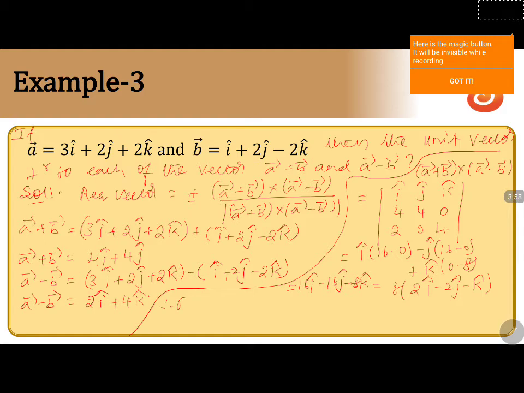So therefore the required vector is equal to plus or minus (A vector plus B vector) cross (A vector minus B vector) divided by the magnitude of (A vector plus B vector) cross (A vector minus B vector).